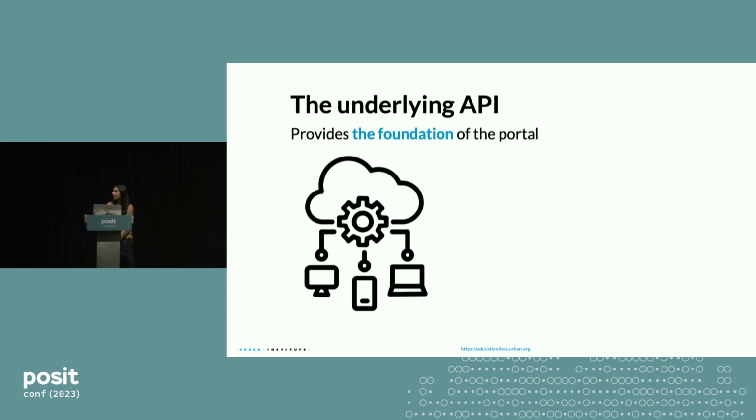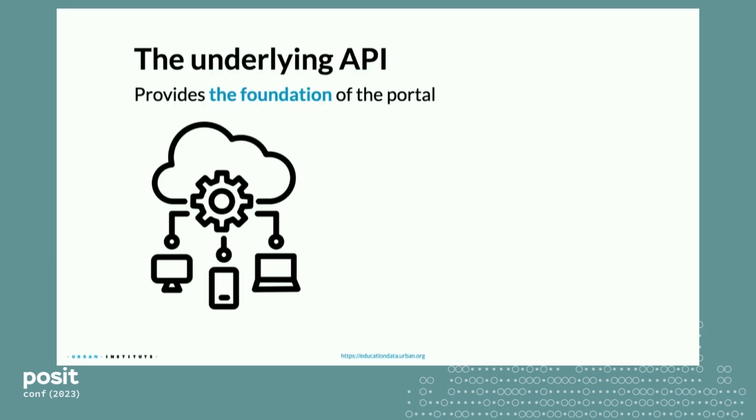So I think in contrast to these agencies, as I mentioned before, who typically publish data as flat files, like CSV files or things like that, or in programming language specific files, the Education Data Portal really has an API at its foundation, a language agnostic API. So this includes a couple of things. First, it includes the actual data endpoints. That's around 110, 115 endpoints that actually contain the data.